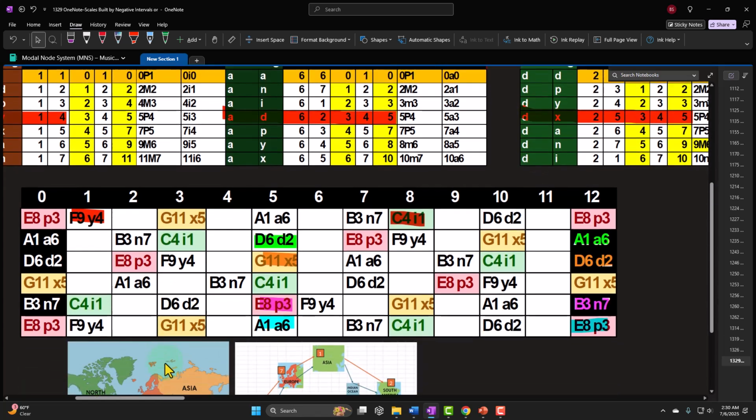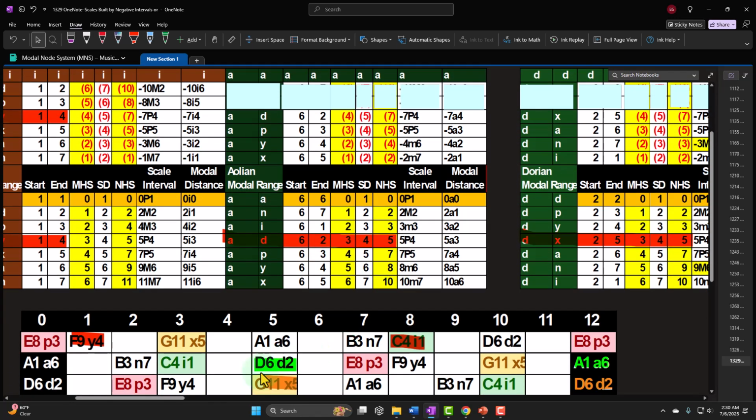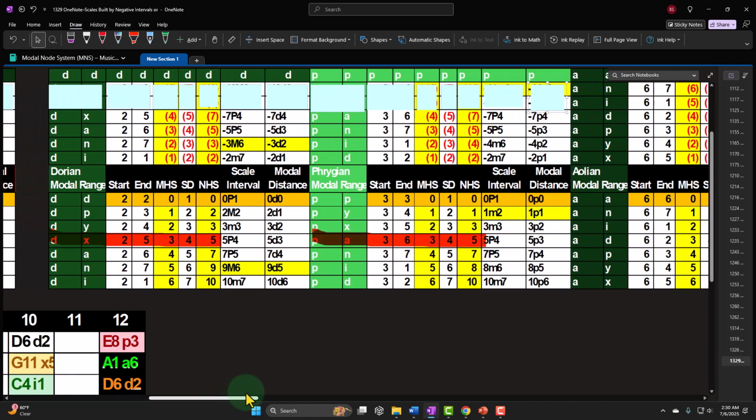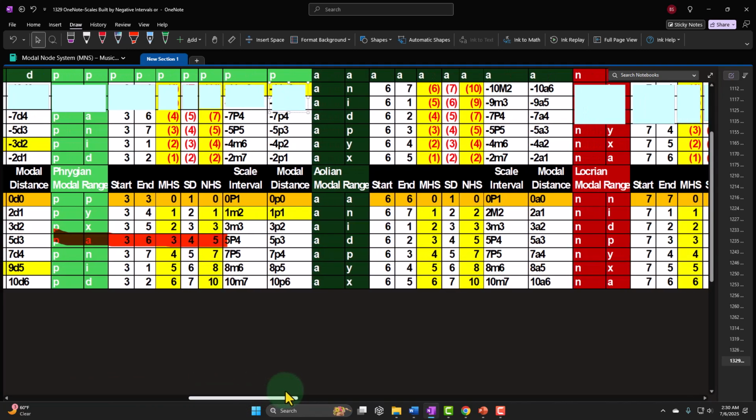So if we're on the Phrygian, it goes back 1, 2, 3, 4 modal half steps back, distance 1, 2, 3, 4, 5, 6, 7. Going forward from the Phrygian, 1, 2, 3 modal half steps forward, which would be the 4th scale degree. If we made that the 1, total distance 1, 2, 3, 4, 5 notes. So same distance. We have a very consistent measurement happening all the way across the board thus far.